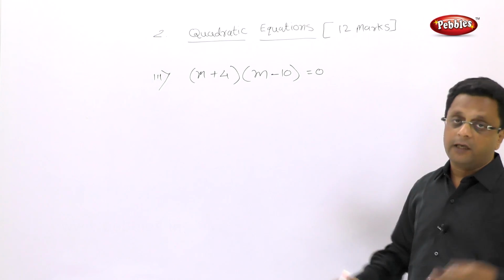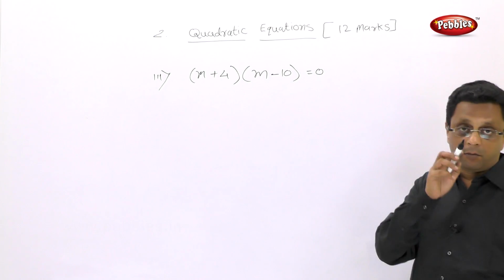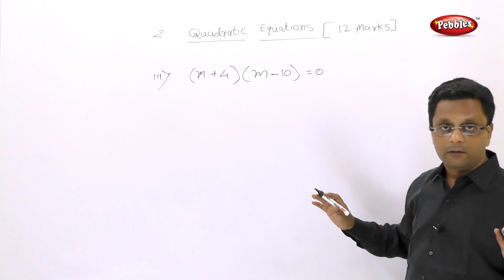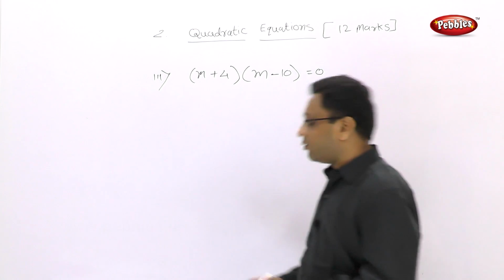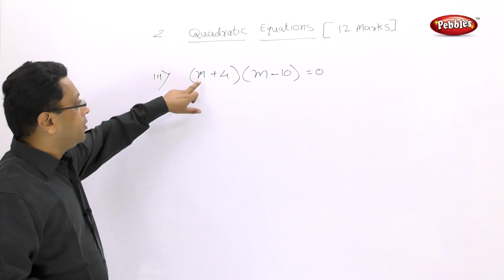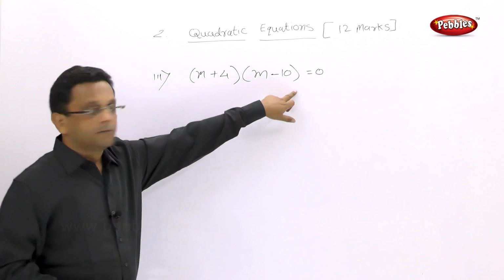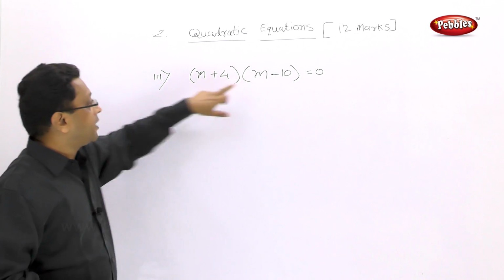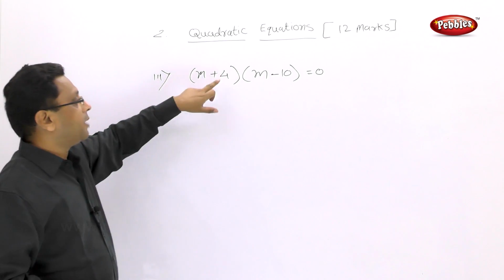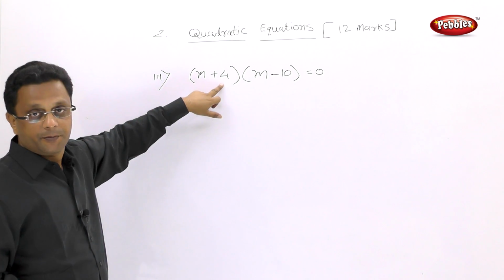Again, while opening the bracket, be careful about this negative sign. How will you open the bracket? First of all, m multiplied by the whole bracket, plus this whole bracket multiplied by plus 4.